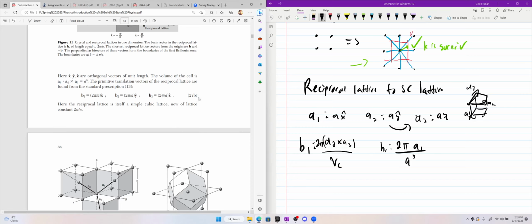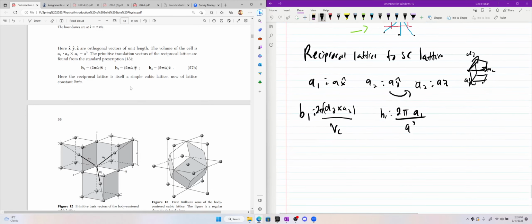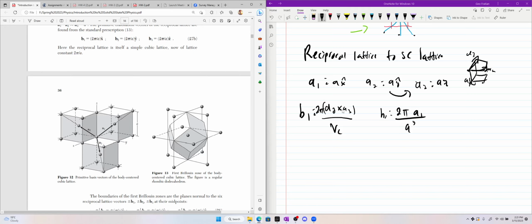So we get the primitive lattice vectors of b1 equals 2 pi over a x hat, b2 equals 2 pi over a y hat, and b3 equals 2 pi over a z hat. So why do I have an a cubed, though, is the question. Interesting. I guess the a1 should cancel out.